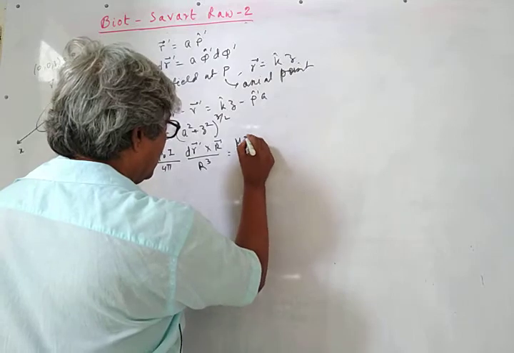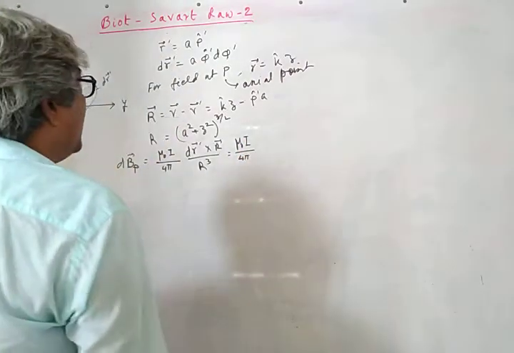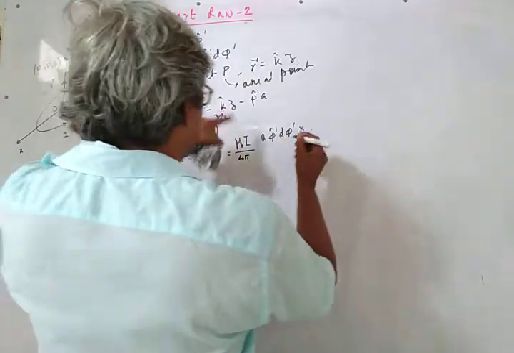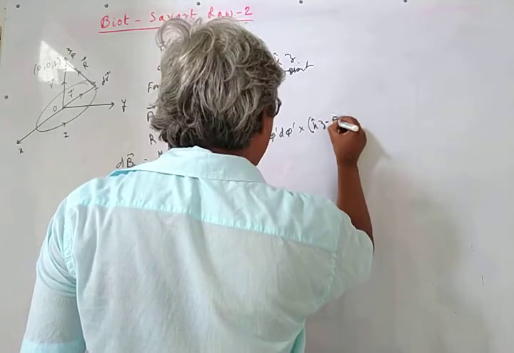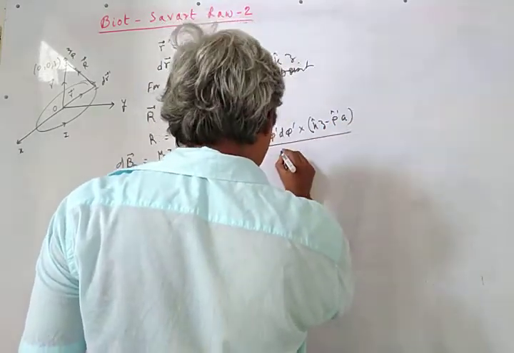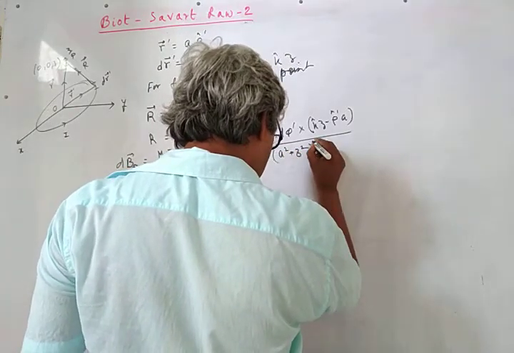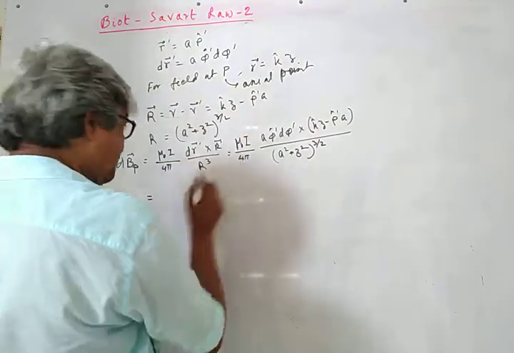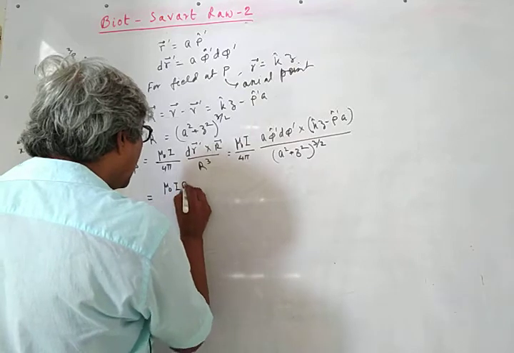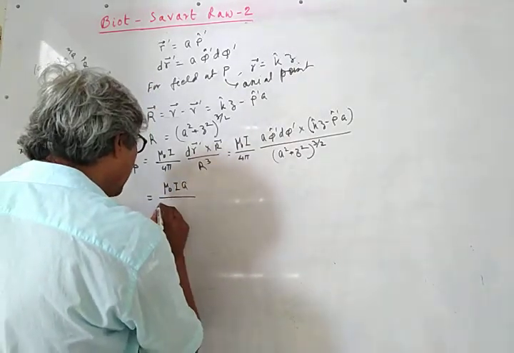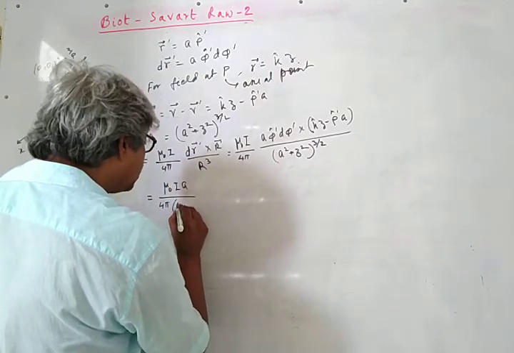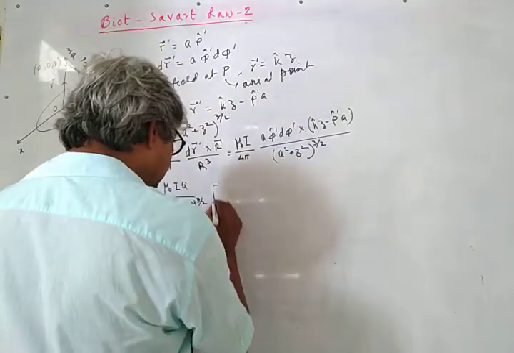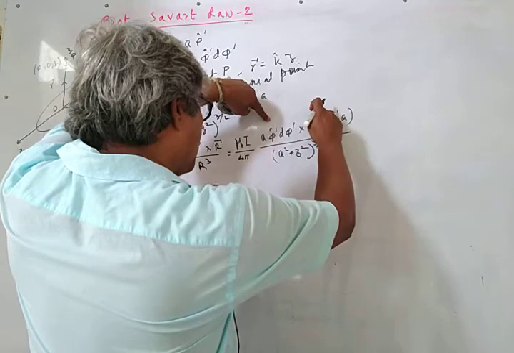This I write as mu 0 I upon 4 pi, integral of dl prime, where I write phi prime cap a d phi prime, cross R. Now this simplifies to mu 0 I a by 4 pi, (a square plus z square) to the power 3 by 2, and the rest of the quantity is phi cap cross k cap.